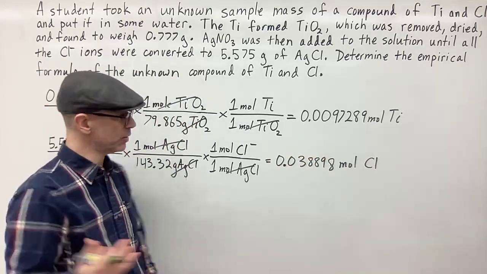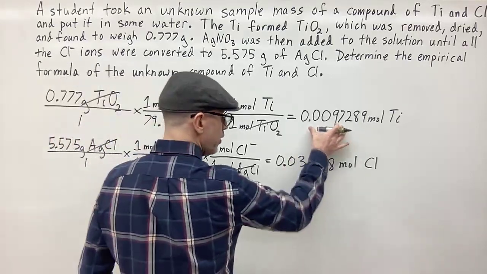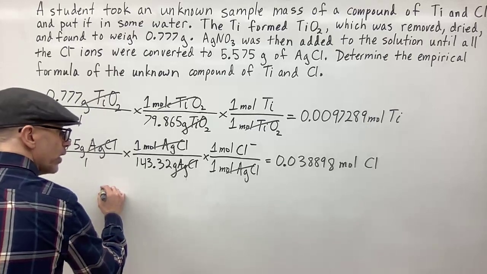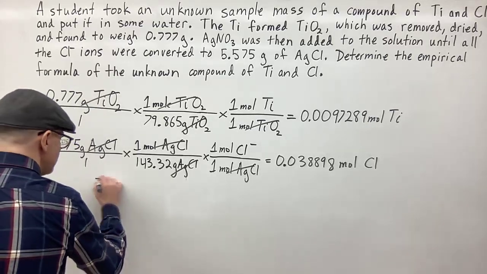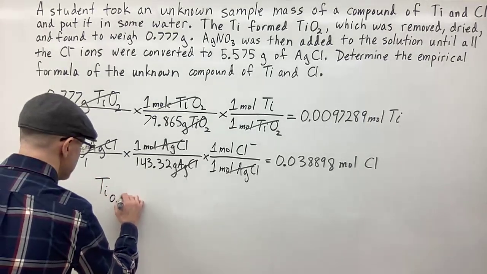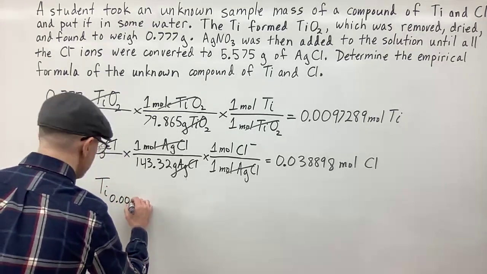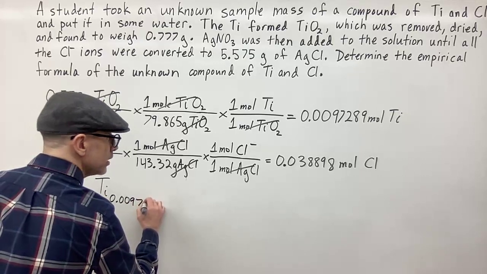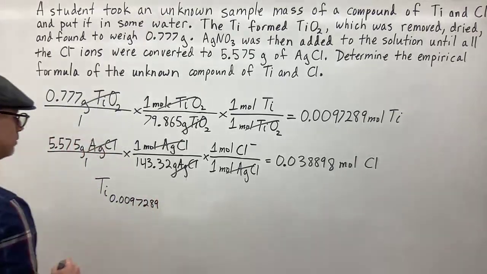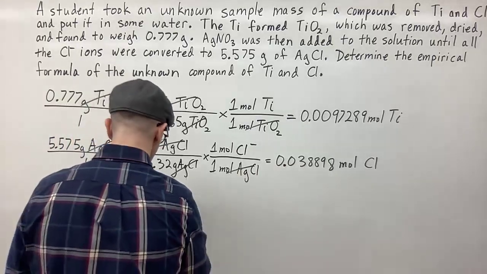They're in the subscripts. So since I have moles here, we can write that as subscripts. So I'm going to have Ti, and then as a subscript 0.0097289.